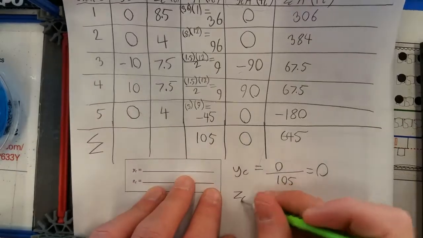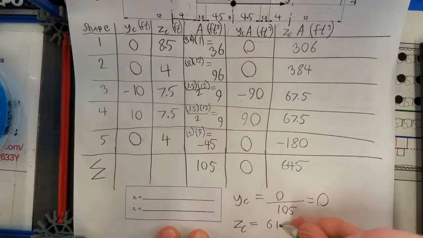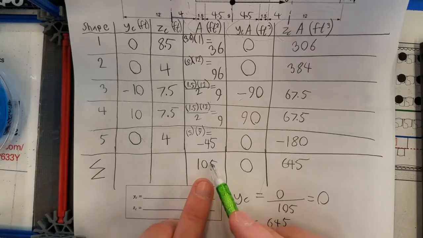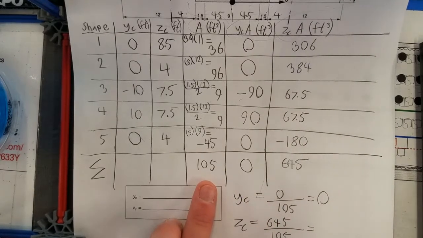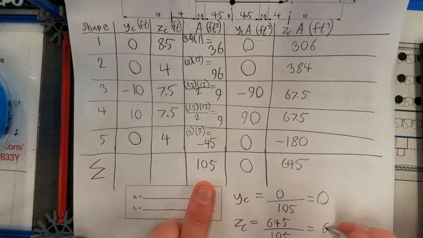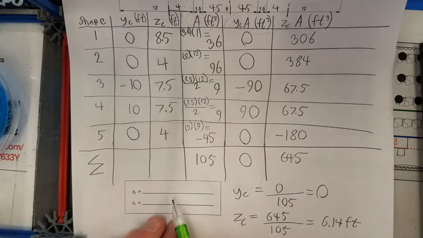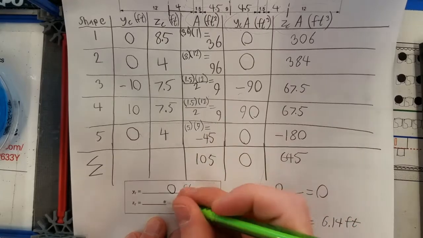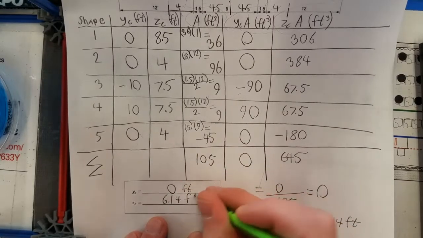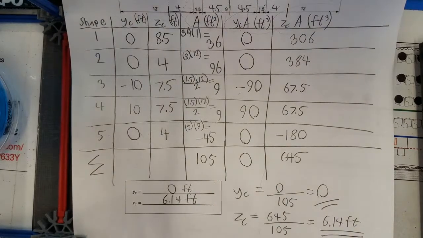And then ZC, the centroid in Z, is going to be the 645 divided by the area, 105, which is going to give us 6.14 feet. And so we can go ahead and input those into the bottom here. So we've got 0 feet here and 6.14 feet there. And those are our final answers.